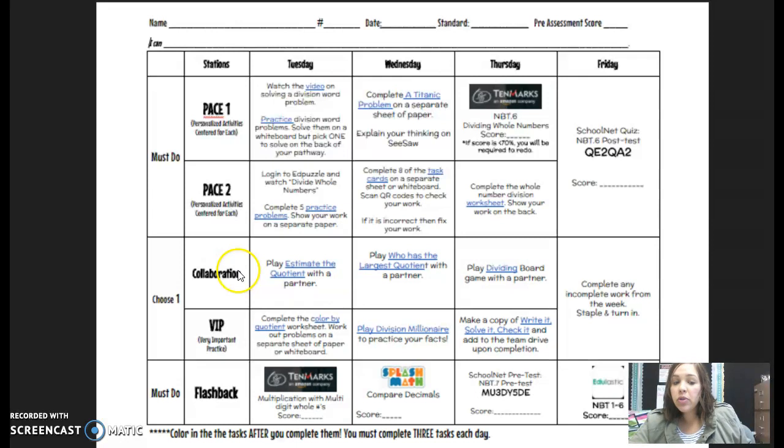So there's student choice between collaboration and VIP, but there's also student choice with where students can start within their pathway. And for 5th grade students, it might not sound like that's a lot of choice, but it is. They really appreciate and grow to love that they can start off in flashback or they can start off in their pace, whatever they want to do. And there's also not a restriction as far as time.